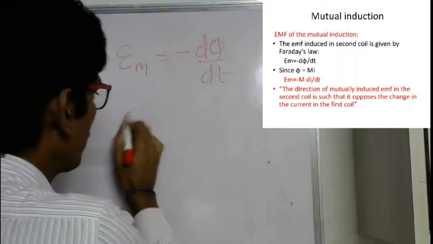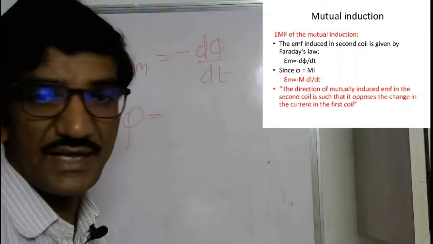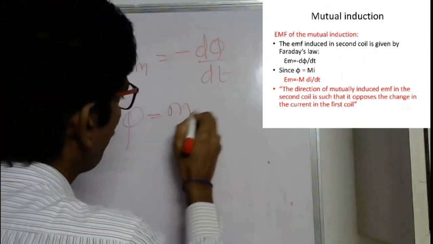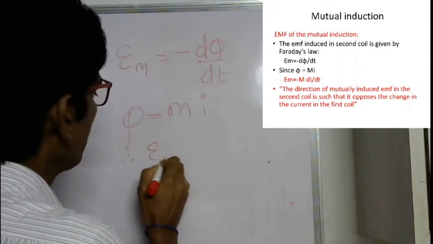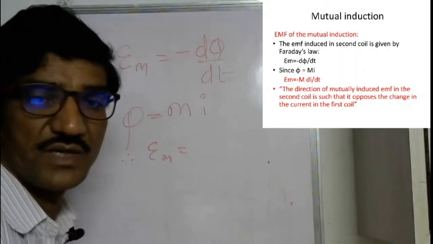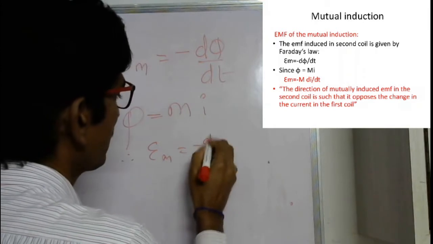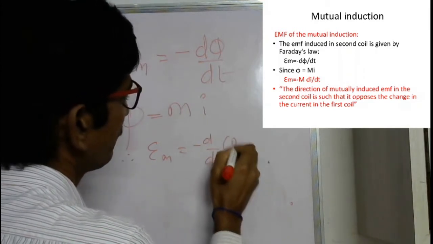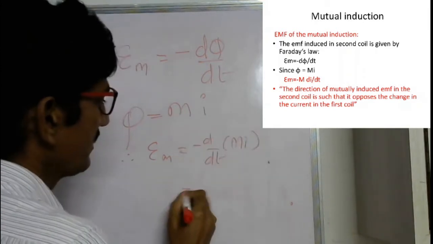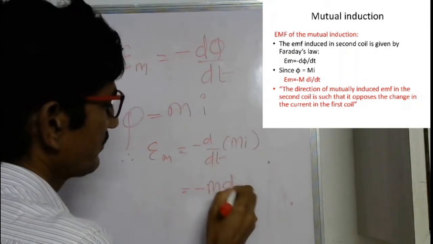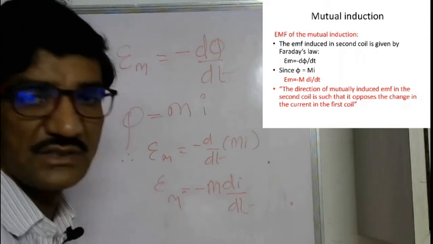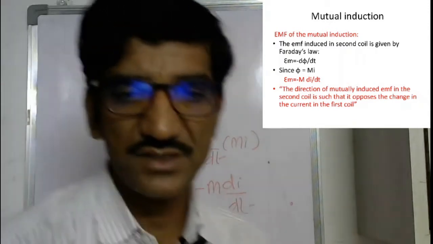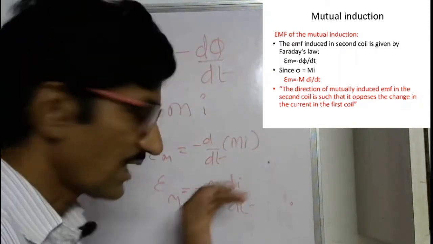Just now we wrote phi as M I. Therefore, EMF of mutual induction is equal to minus d by dt of M I, which is equal to minus M dI by dt. So the EMF of mutual induction is given by minus M dI by dt.